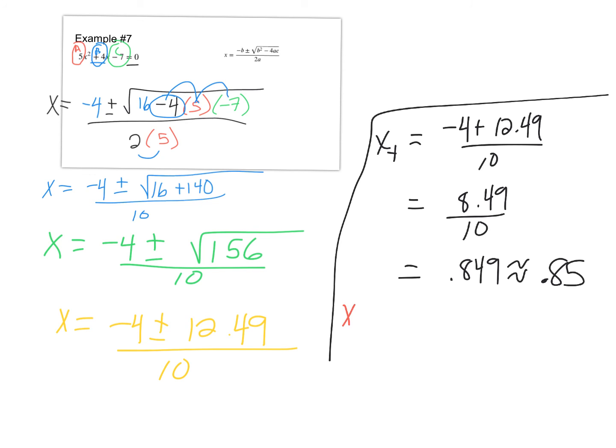All right, let's do the x negative. So we're going to have negative 4 minus 12.49 divided by 10, which is going to be, when I do the math out, negative 16.49 divided by 10.